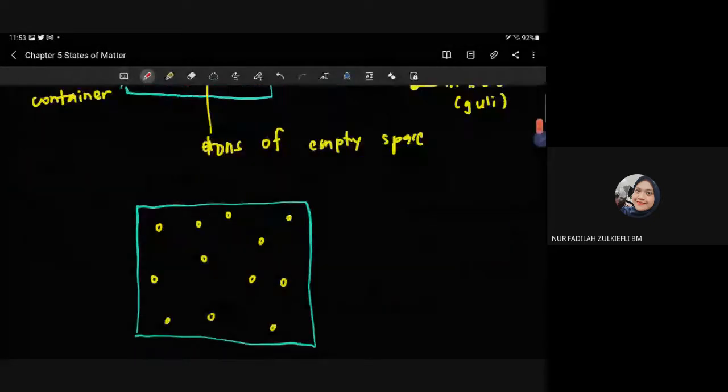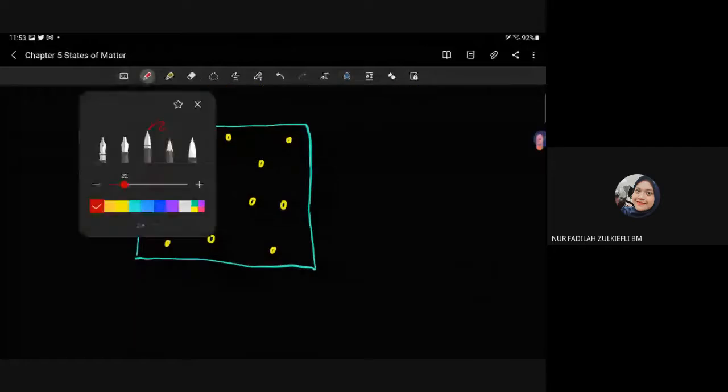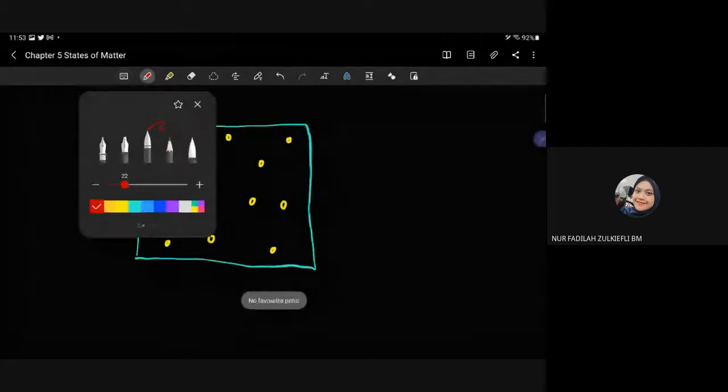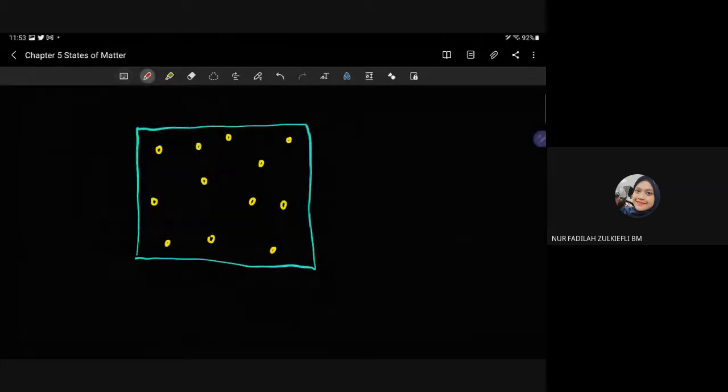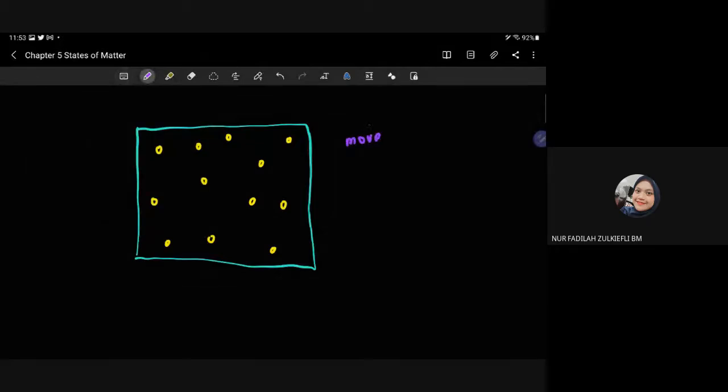Itulah behavior of gas dalam container ni. Dia akan sentiasa move randomly, in any direction.